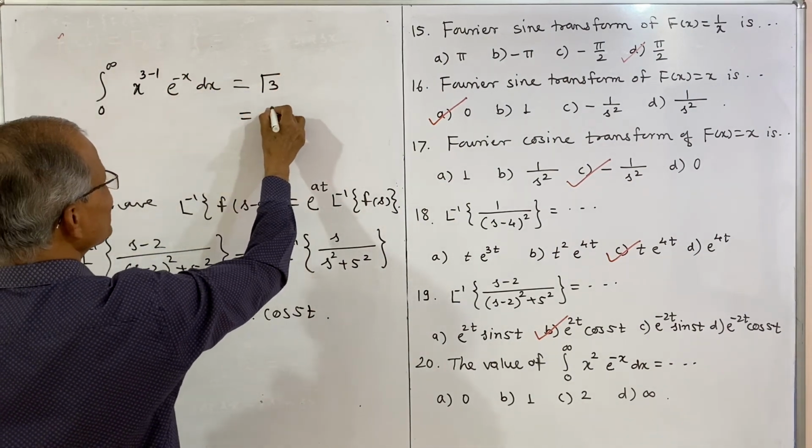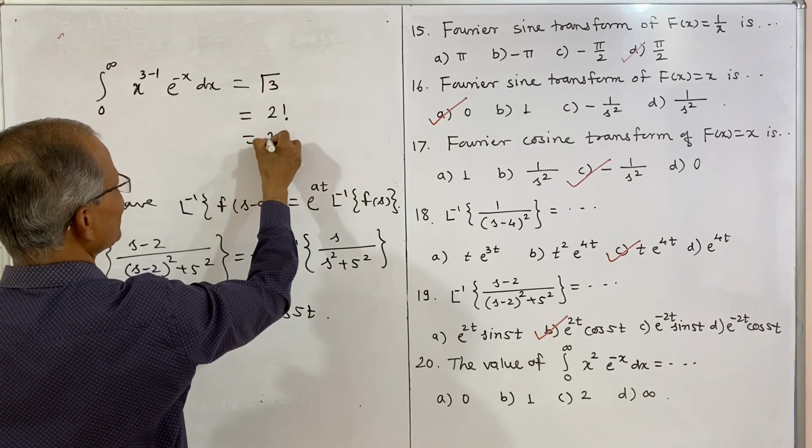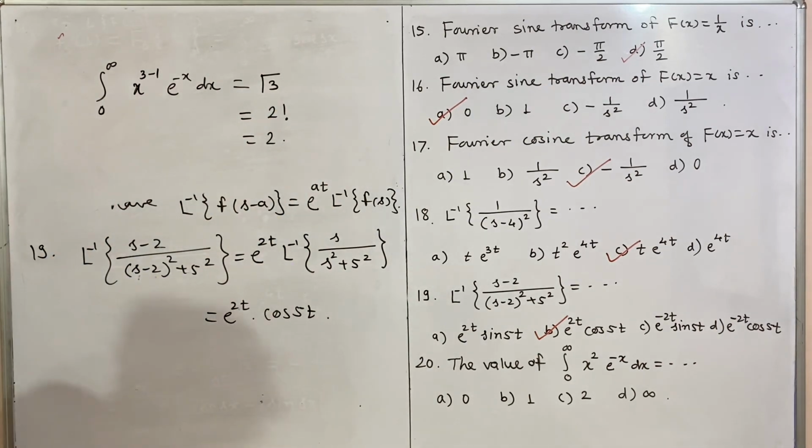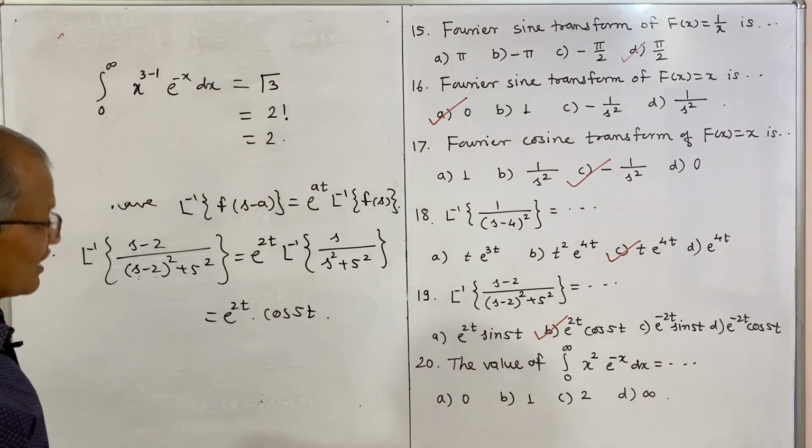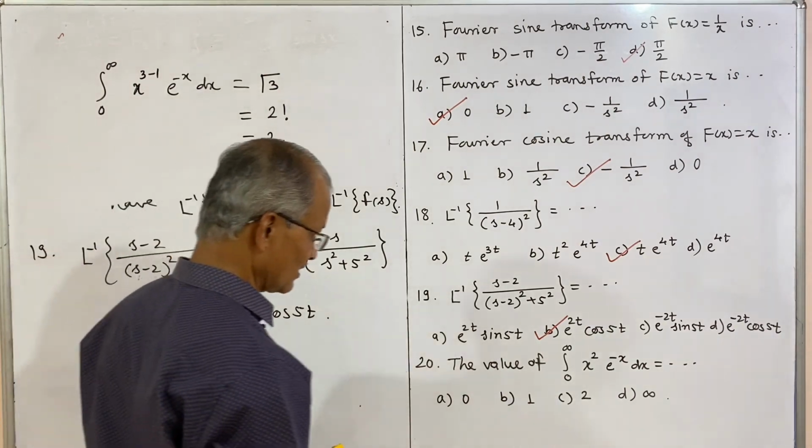Gamma of 3 is 2 factorial and the value is 2. So the last integral is actually the gamma function, and gamma of n plus 1 is n factorial, one less number factorial if it is an integer, and thus the answer for the last is 2.